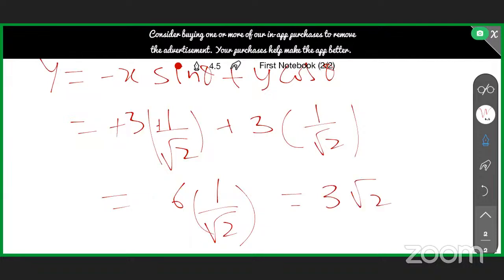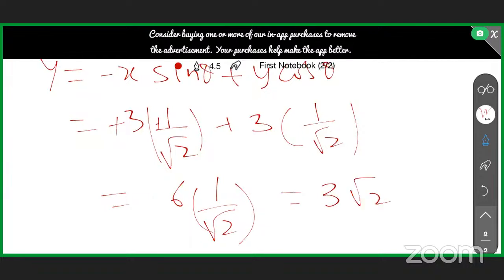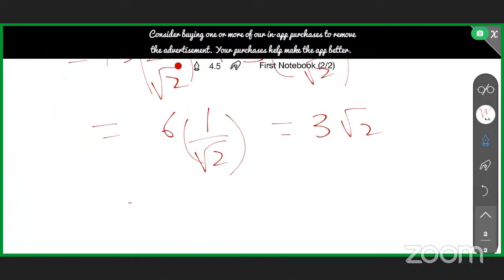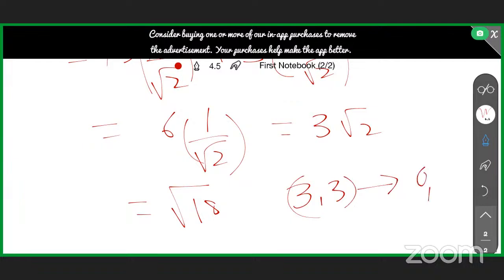This can again be simplified into root 18. Yes or no? Therefore, point 3 comma 3 is getting transformed into 0 comma root 18.